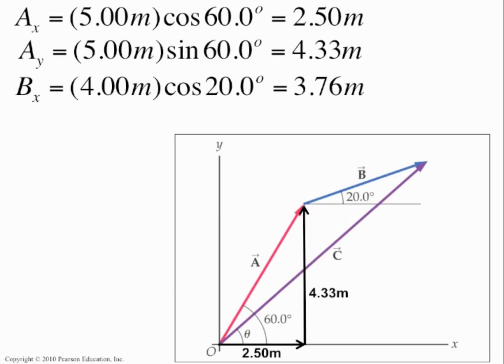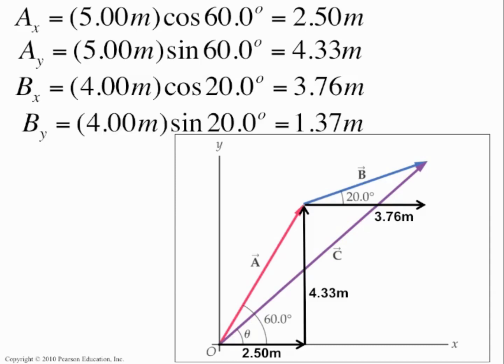So we have 4.0 meters cosine 20 degrees, and that's 3.76 meters, and we see it here as that black vector. And finally, b sub y, or the vertical component of b, is 4 meters times sine 20.0 degrees, and we have 1.37 meters, which is illustrated here.